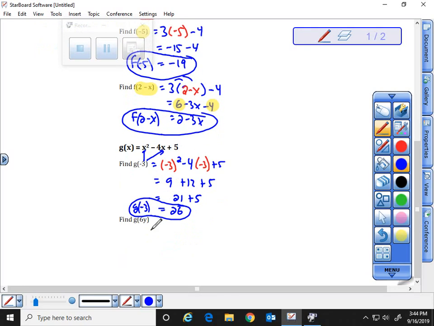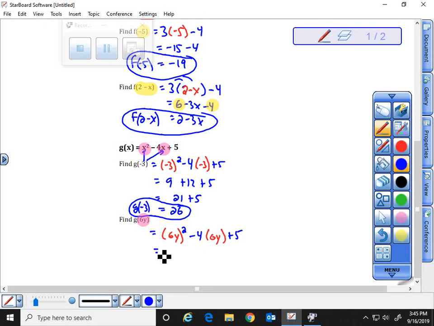And our last one on this page, I'm going to put 6y into those x values and see what I get. So it's going to be 6y inside the parentheses squared, minus 4 times the parentheses of 6y, plus 5.